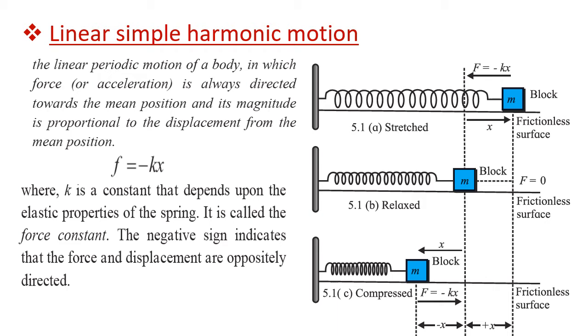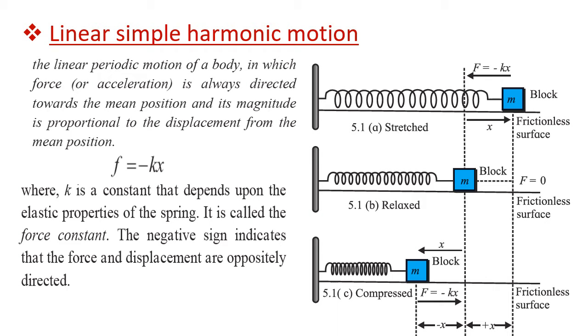Linear simple harmonic motion is defined as the motion in which force or acceleration is always directed towards the mean position and its magnitude is proportional to the displacement of the particle from the mean position. This is the statement of linear simple harmonic motion.